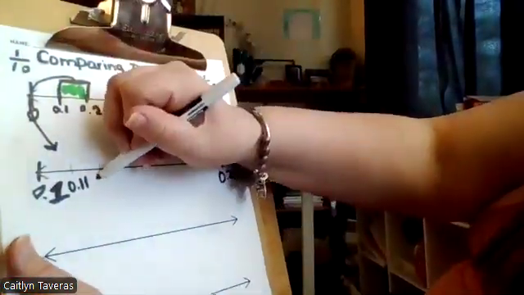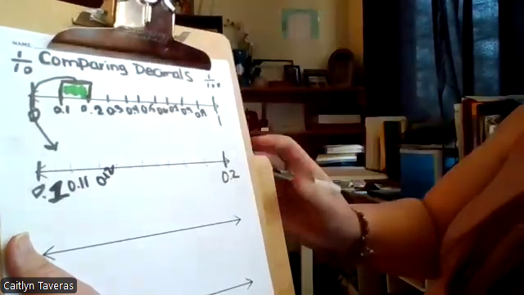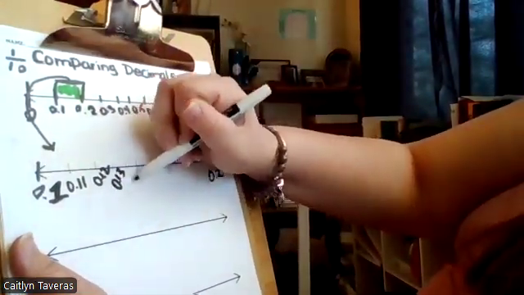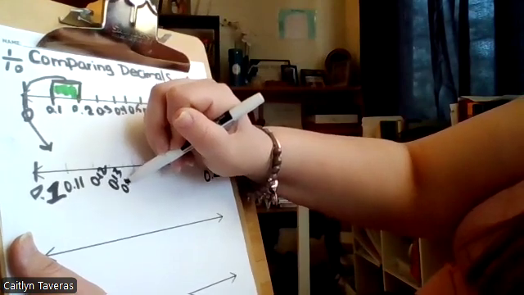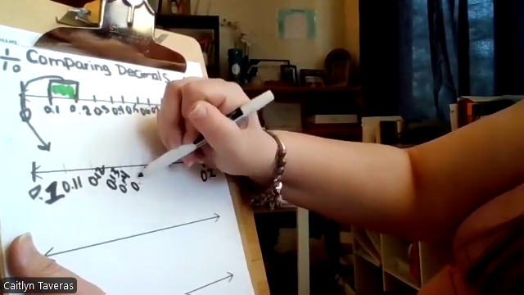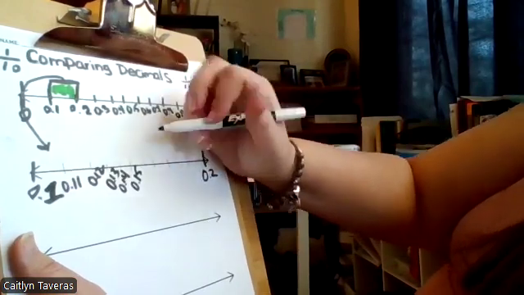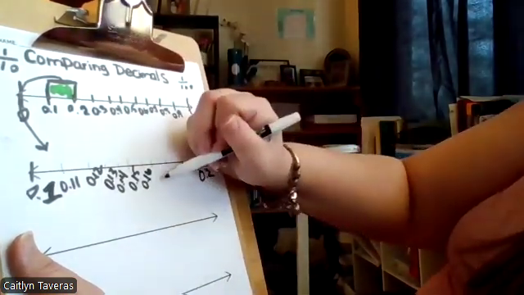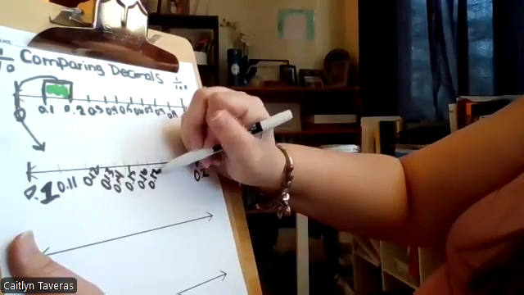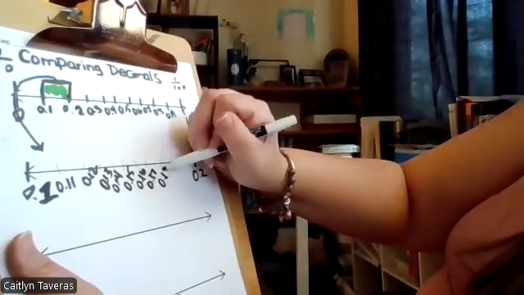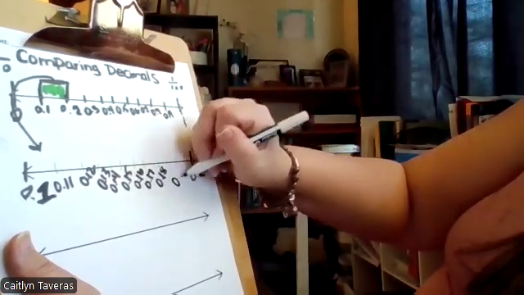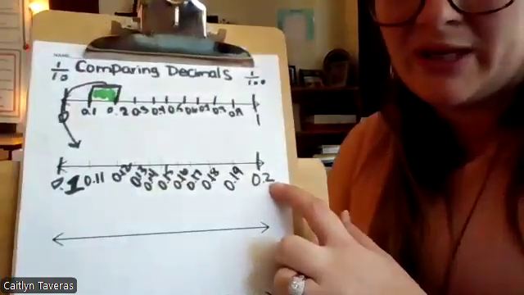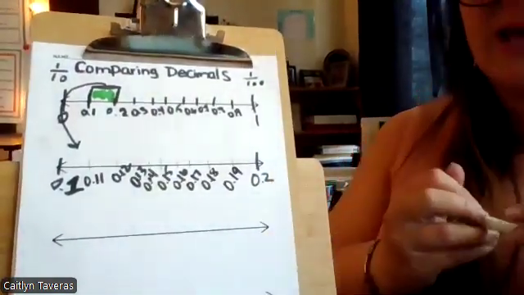We would have 12 hundredths, 13 hundredths, 14 hundredths, 15 hundredths, 16 hundredths, 17 hundredths, 18 hundredths, 19 hundredths, and then it brings us to 20 hundredths, which is the same as 2/10.